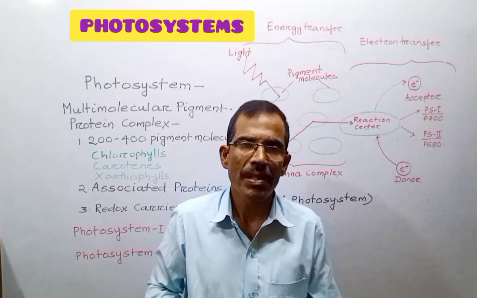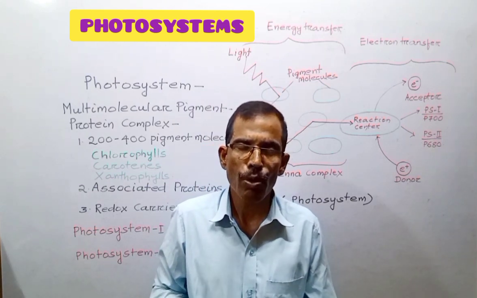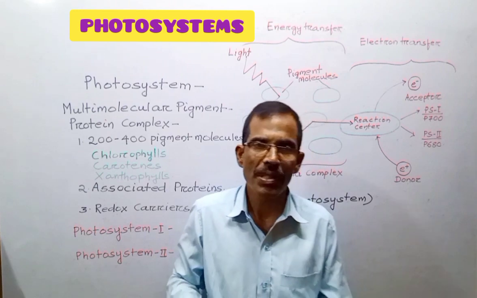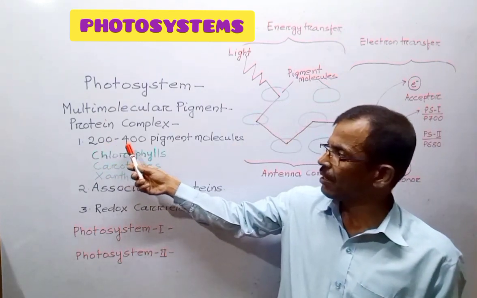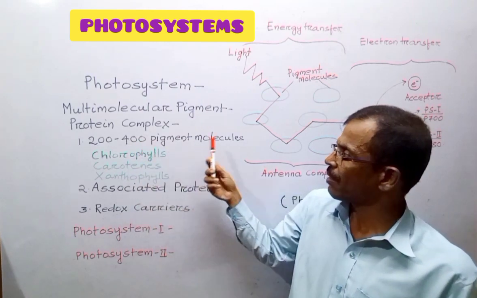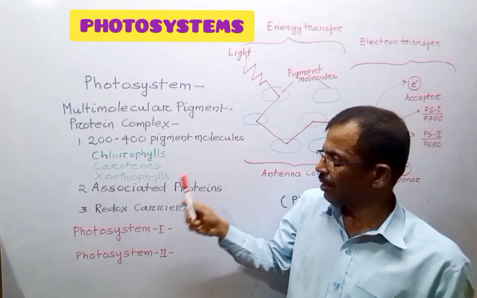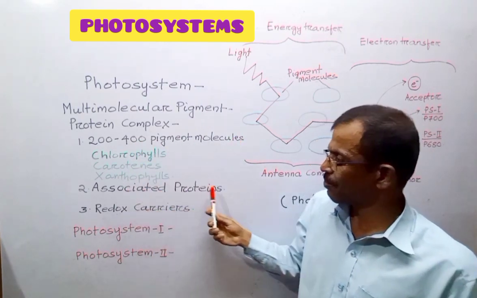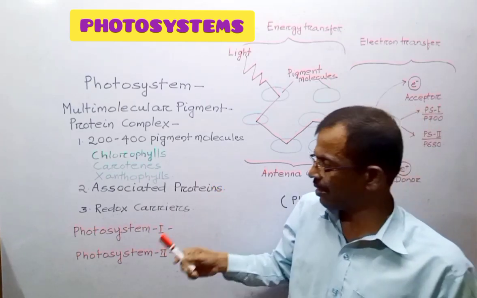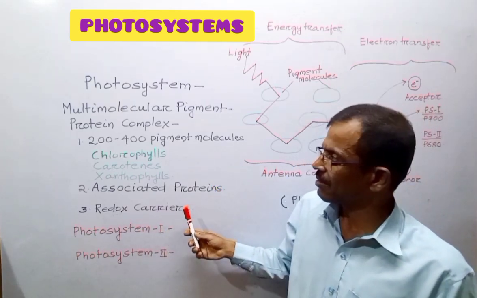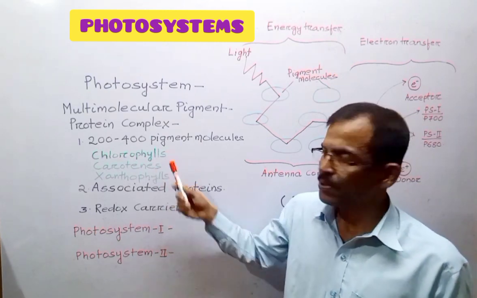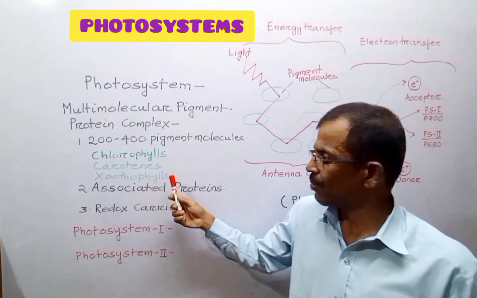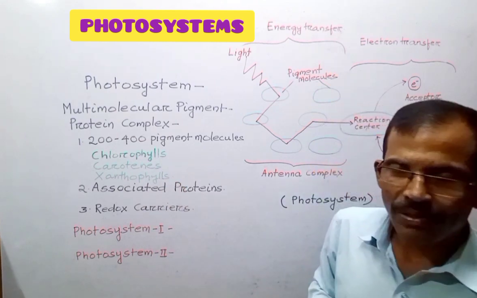Photosystems are multimolecular pigment protein complexes consisting of: number 1, approximately 200 to 400 pigment molecules; number 2, associated proteins; and number 3, redox carriers. The pigment molecules include different types of chlorophylls, carotenes, and xanthophylls.